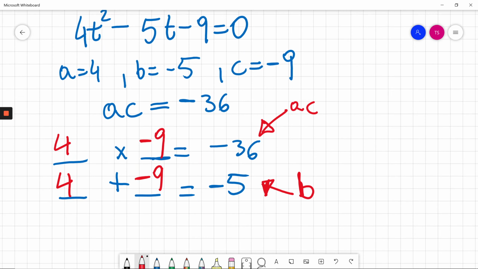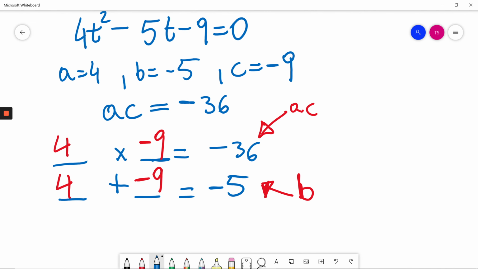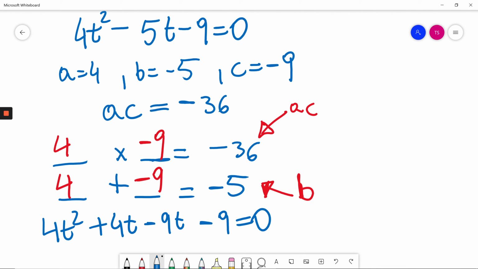So now this equation becomes 4t squared plus 4t minus 9t and minus 9. This is equal 0. 4t minus 9t, this was my old negative 5t. 4 minus 9, negative 5.